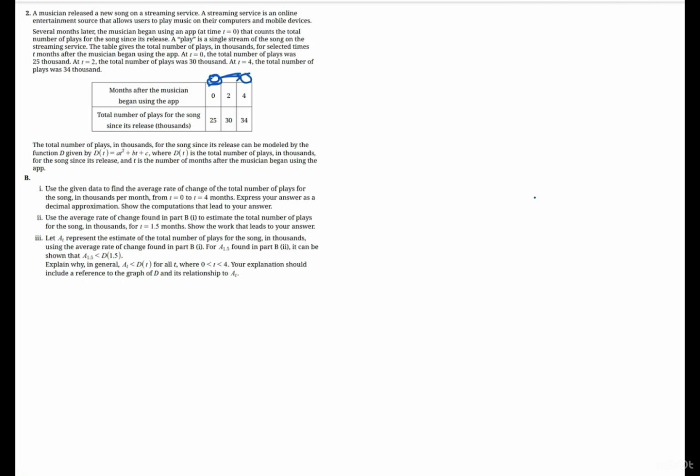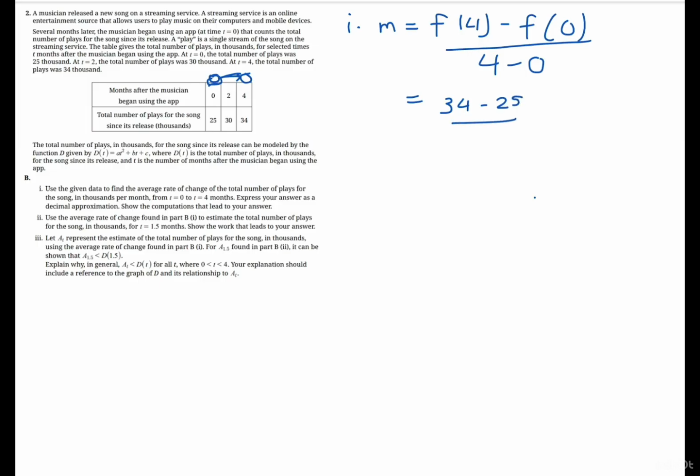And we know that average rate of change is f of x2 minus f of x1 upon x2 minus x1, which is change in y over change in x. So the average rate of change, or the slope m for part 1, the slope m is equal to f of 4 minus f of 0 upon 4 minus 0, which will mean f of 4 is 34 and f of 0 is 25 upon 4, which is 9 over 4, which would give me 2.25.